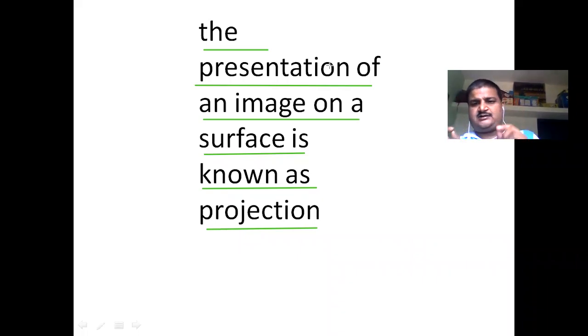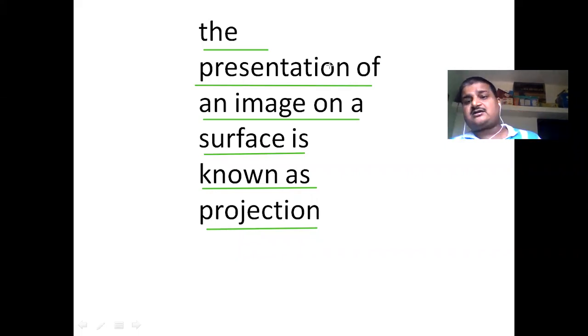Now, first of all, please clarify the particular word projection in your brain. Okay, projection means presentation of an image on a surface, and in engineering graphics, your surface is your drawing sheet.